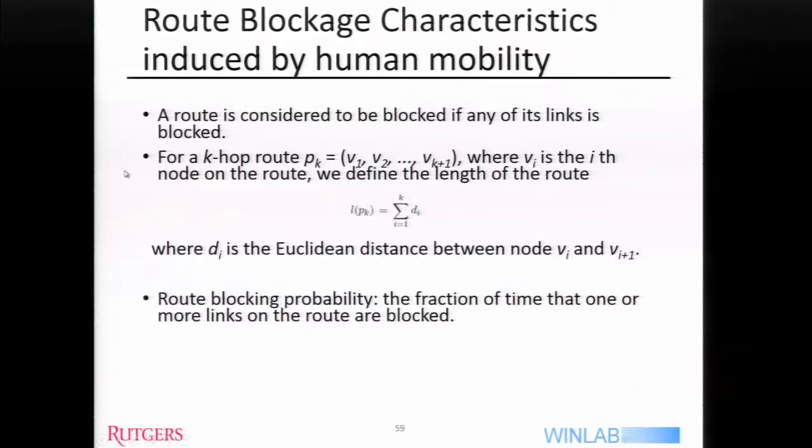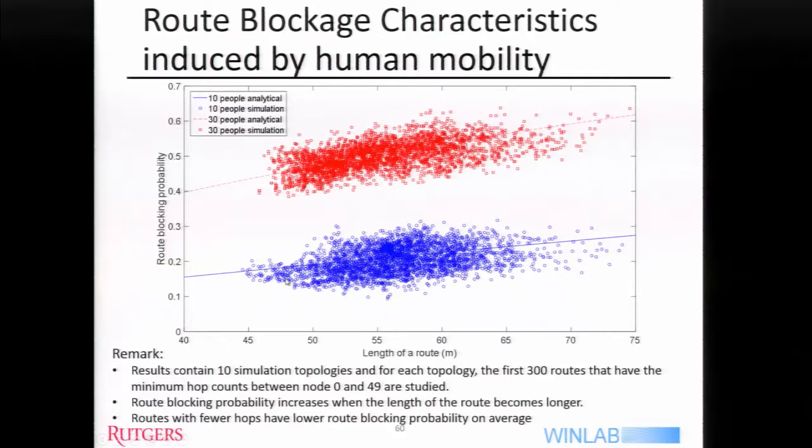We also extend to study the route blockage characteristic. First, we define the length of a route as the sum of the distances between each link on this route. And the route blocking probability is defined by the fraction of time one or more links on the route are blocked. This is quite interesting.